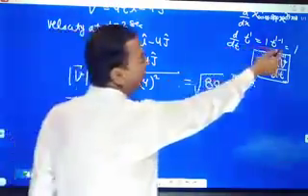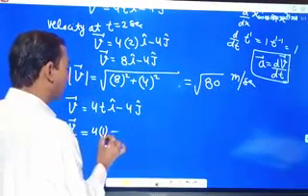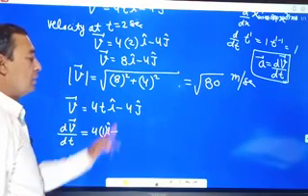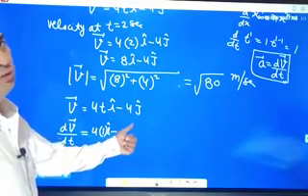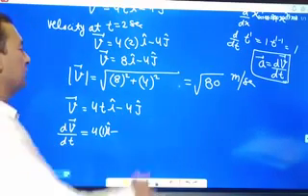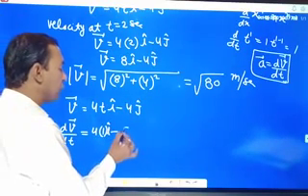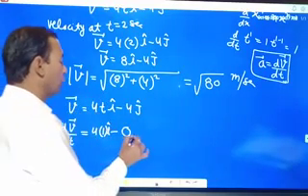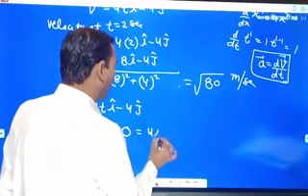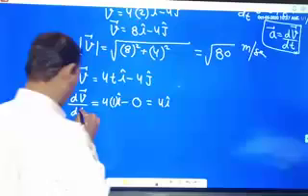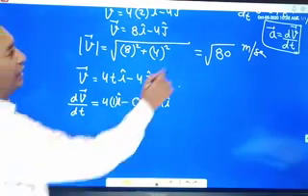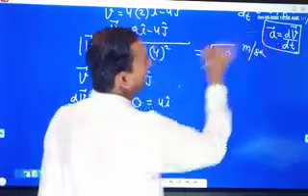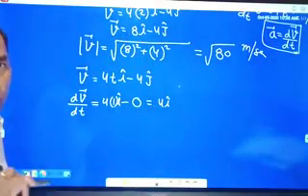अभी क्या था हमने देखा? माइनस 4 j cap. There is no t term with 4 j cap, so this is a constant quantity. So differentiation of 4 is 0. So this becomes 0. So it becomes 4 i cap. And dv upon dt, we know that dv upon dt is the acceleration vector here.